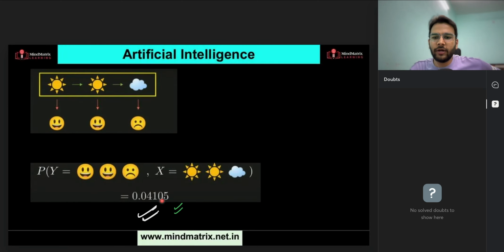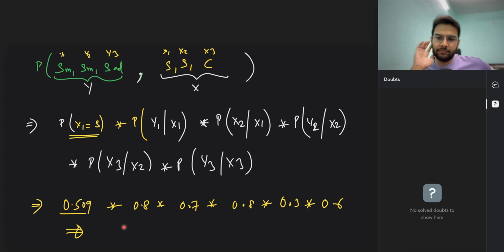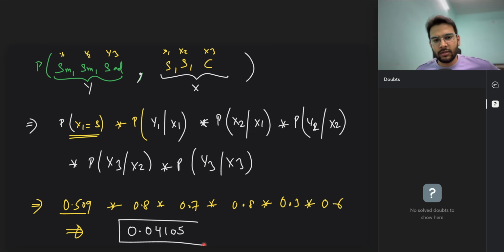This 0.04105. Yes, so it is verified, right?